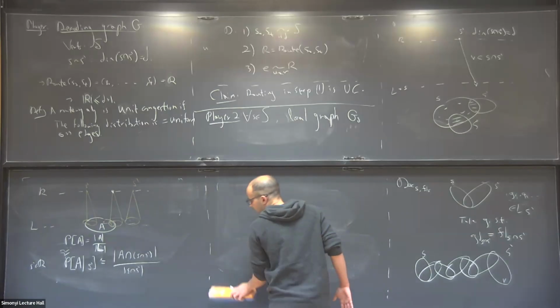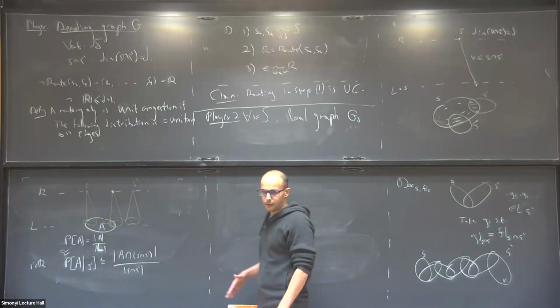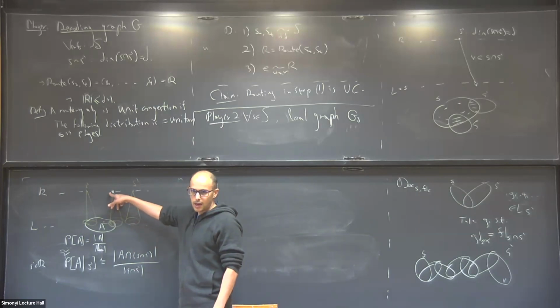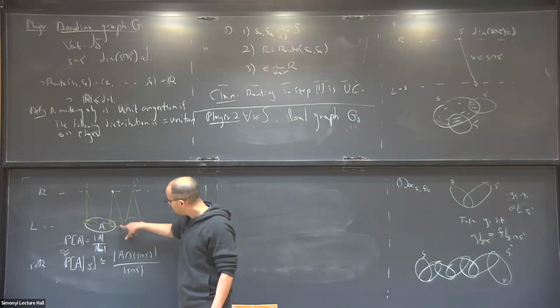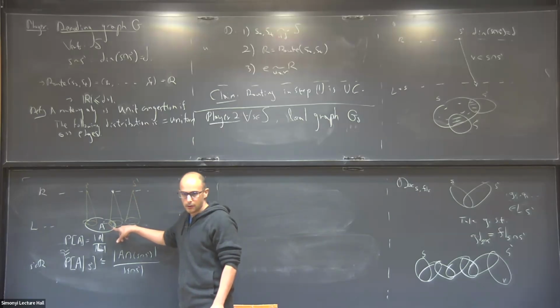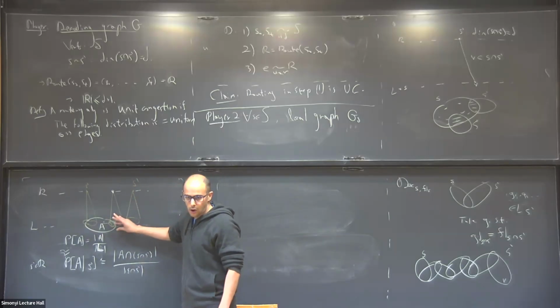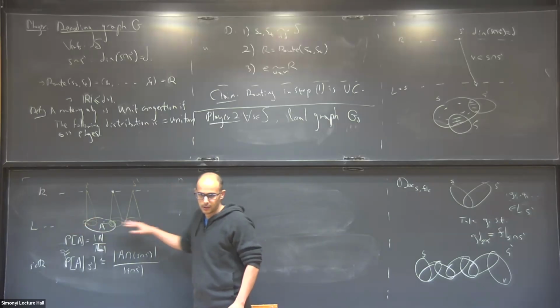Like you need to quantify this, but basically in sampler graphs, for almost all points here on the other side, they look like this. The relative fraction of A inside their neighborhood looks like the relative fraction of all A inside all this left-hand side.